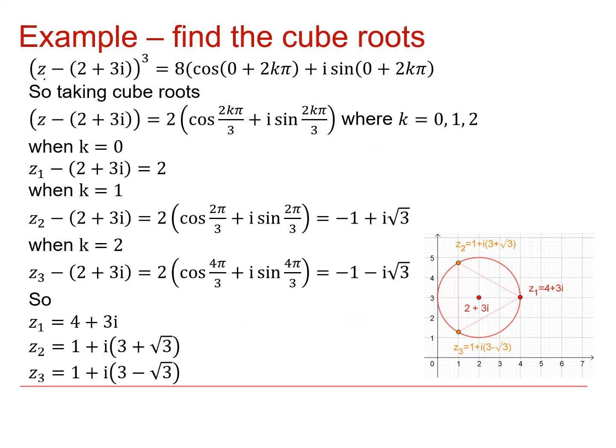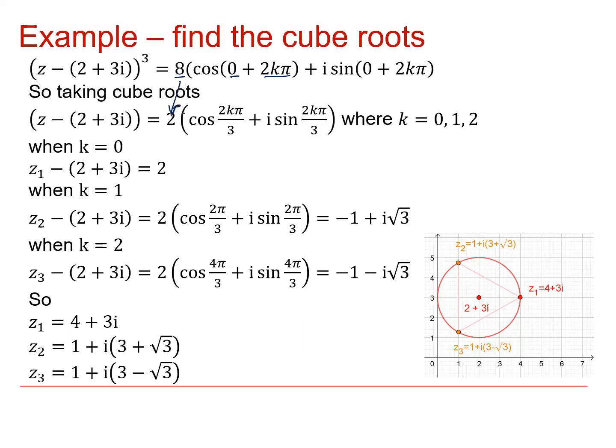So there's my something cubed is equal to 8, but I've expressed this in mod-argument form. The modulus is 8, and the principal argument is 0, but I can add multiples of 2 pi to that to give me multiple values when I divide down. If I take the cube roots, z minus (2 plus 3i) is one of these things.